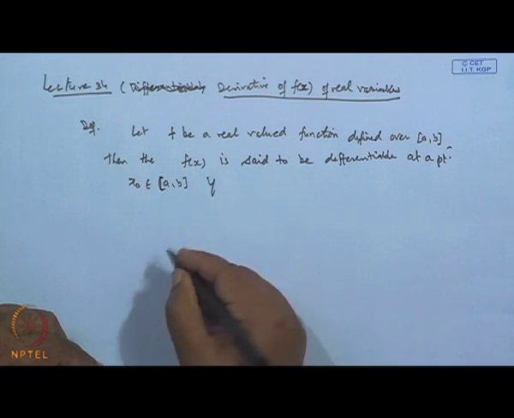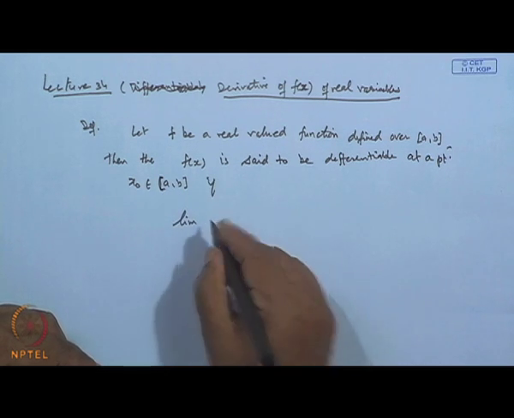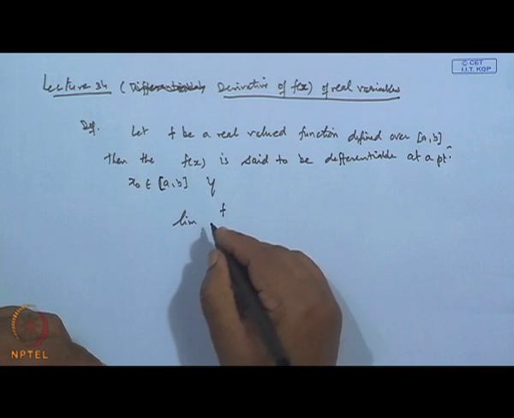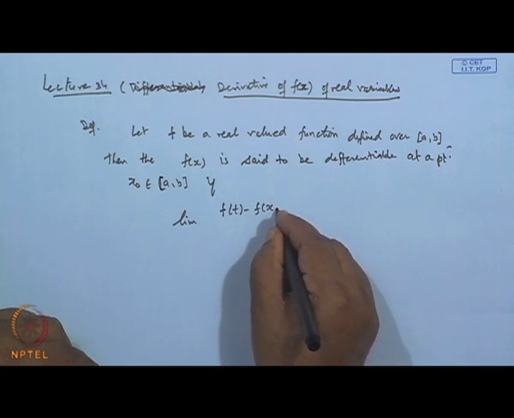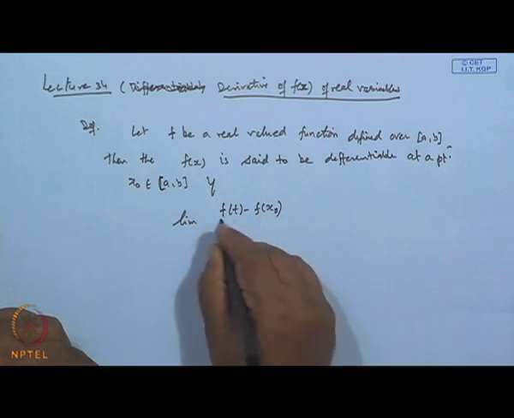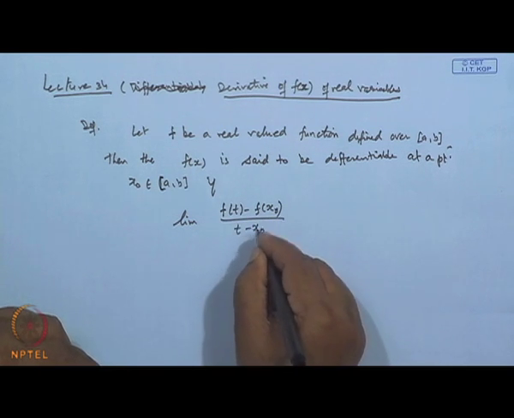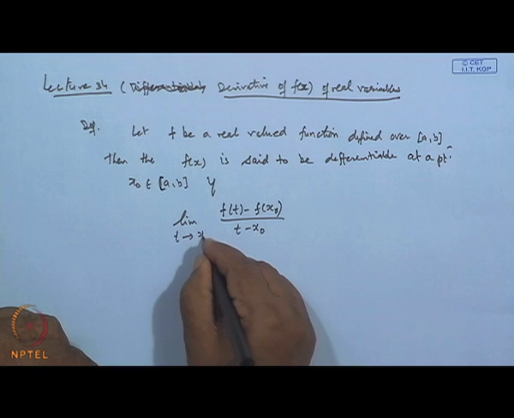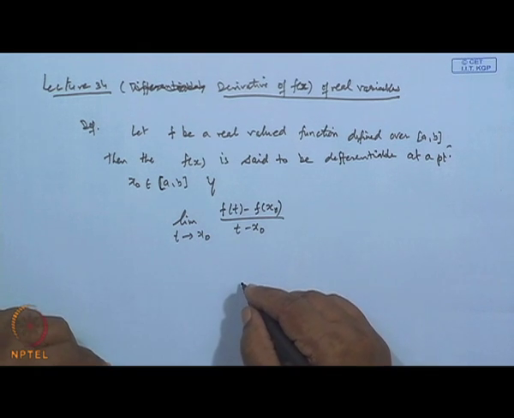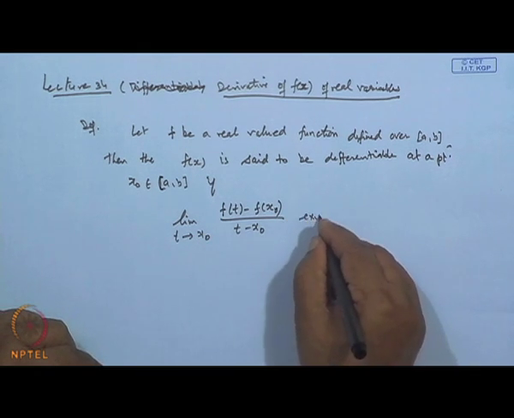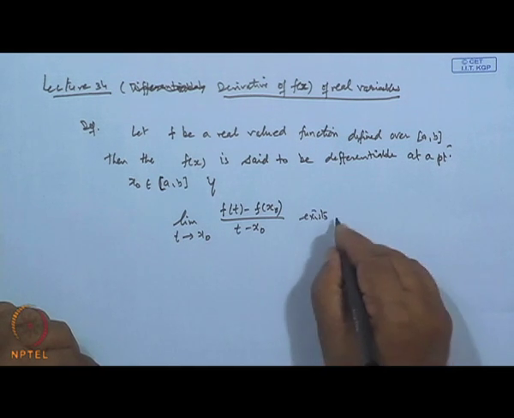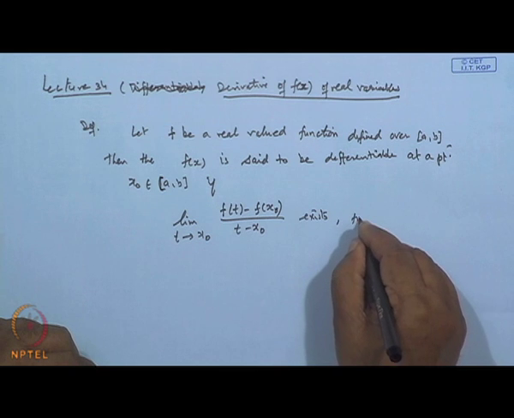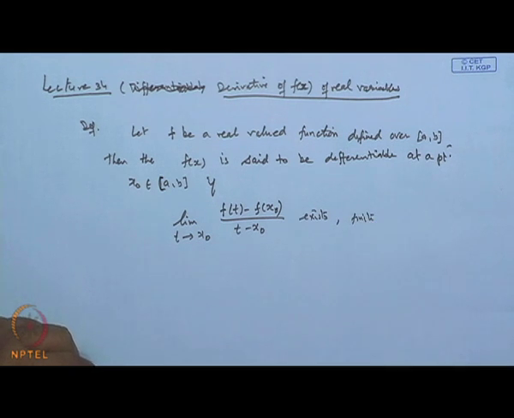if the limit of this function, f(t) minus f(x naught) divided by t minus x naught, as t tends to x naught, if this limit exists and is finite. Of course, finite.